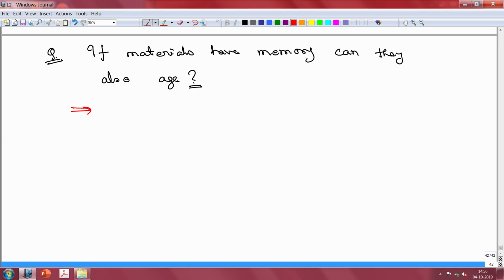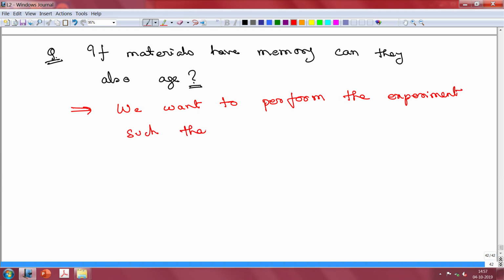But we want to work with materials whose response to the step stress does not depend on when the experiment is done. So, what we want to do is perform the experiment such that T equal to 0 can be arbitrarily chosen.